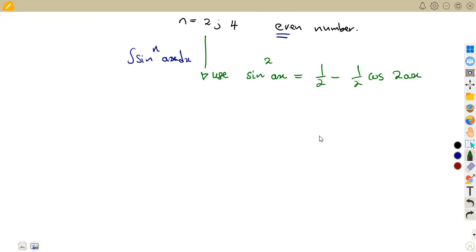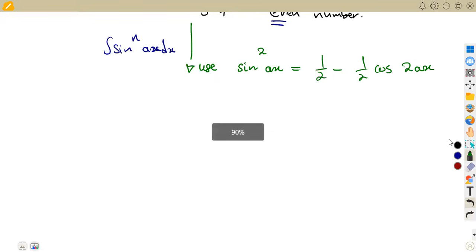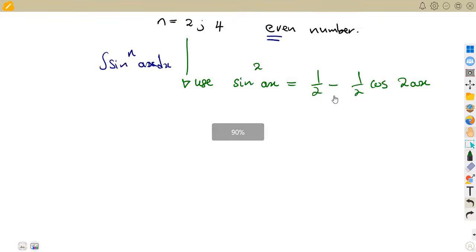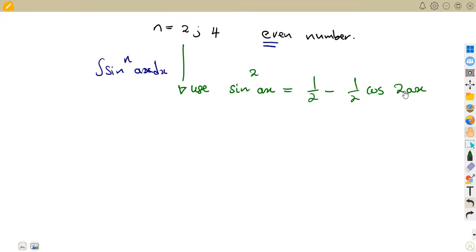So it is going to give us a half minus half cos 2AX, meaning you multiply AX by 2. Then for cos, it's going to be cos squared AX is equal to a half plus a half cos 2AX again.